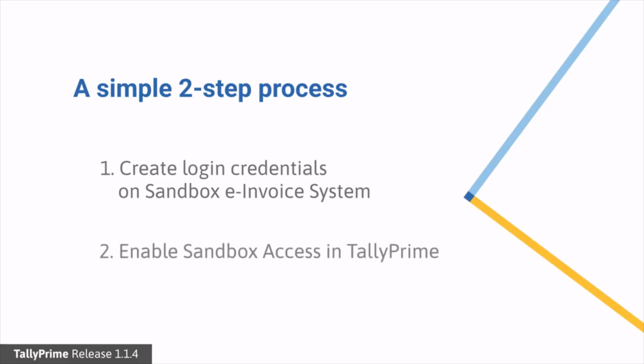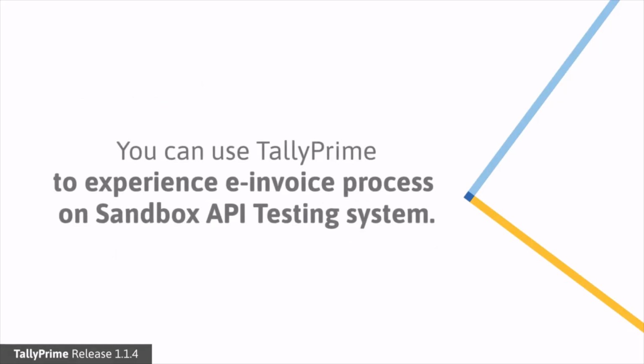And the second step is enabling sandbox access in Tally Prime, after which you can pass a sales transaction and generate an e-invoice to experience the process in Tally Prime. As you saw, this e-invoice demo facility in Tally Prime using sandbox system provides you with the e-invoicing experience before you go on to generate e-invoice on the live e-invoice system.